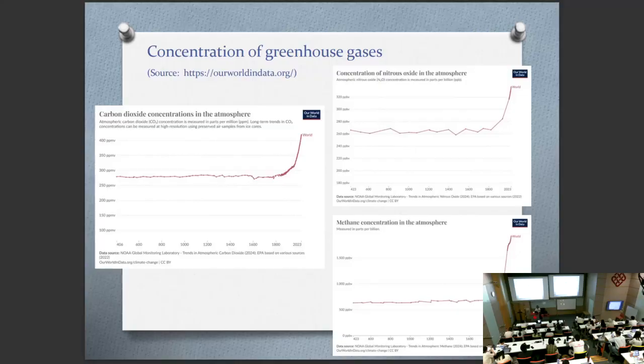But you have to understand that during those glacial and interglacial cycles, the concentration is just within 190 and 280 ppm, so around 200 to 300 ppm, and you can see the current concentration is over 400 ppm. So it is already much higher than the record in millions of years. And it's all due to humans.